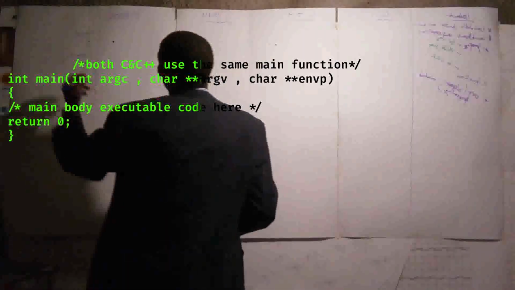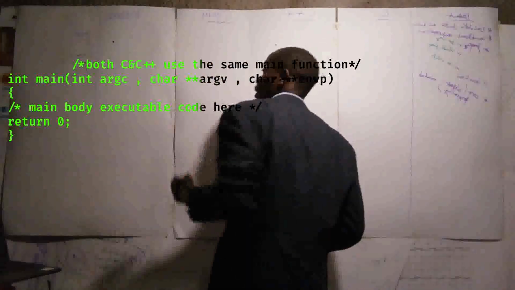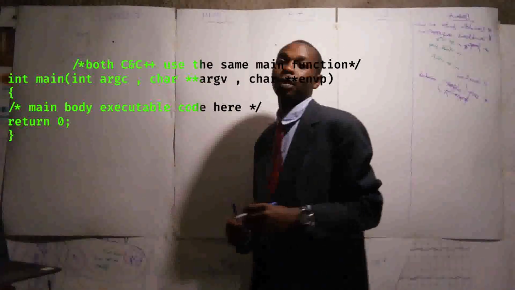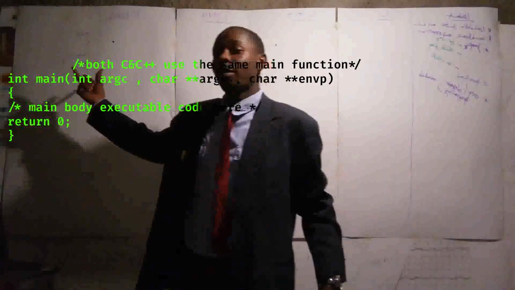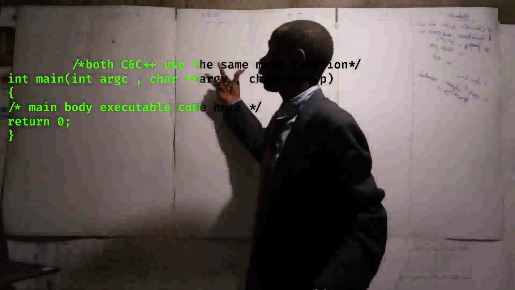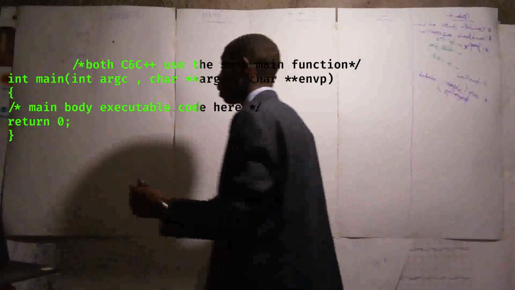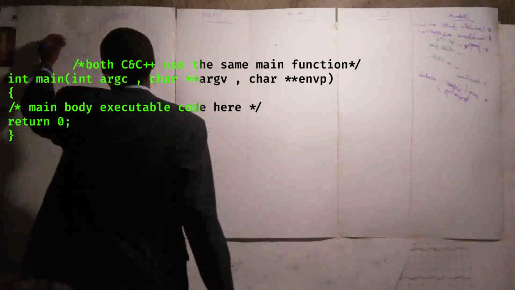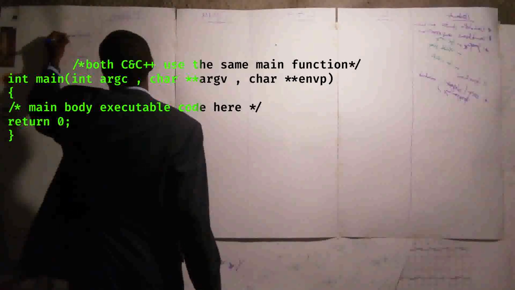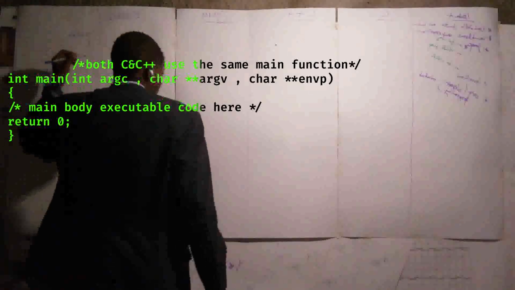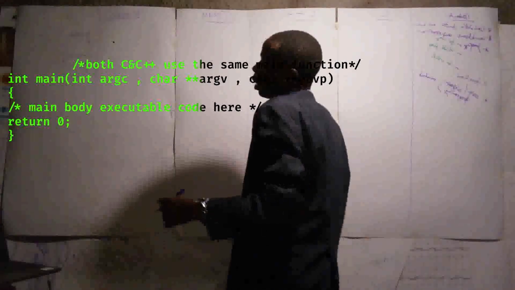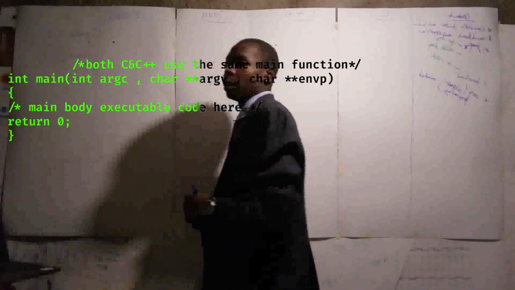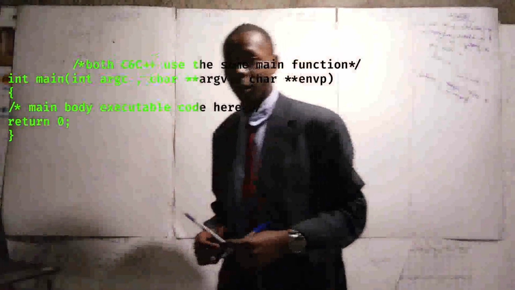The main function in C and C++ has three parameters. The first parameter is the argument count, which has the data type of integer.